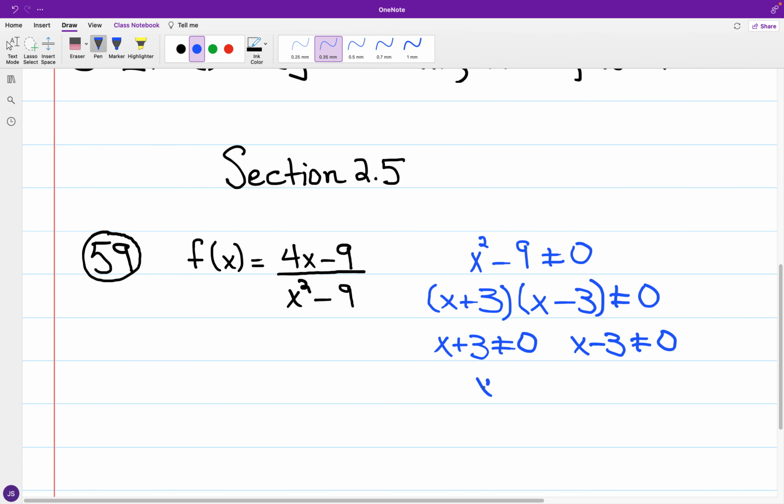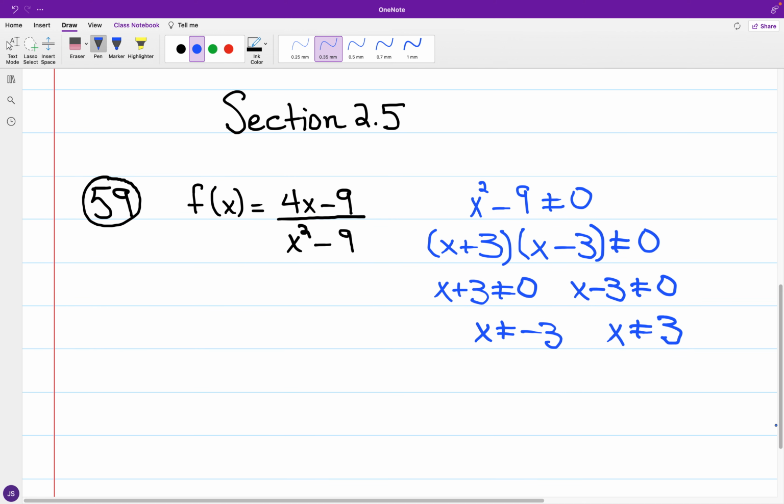So if x plus 3 cannot be 0, we have that x cannot be negative 3. And if x minus 3 cannot be 0, we have that x cannot be equal to 3. And so for the domain, with the two exclusions, negative 3 is the smaller exclusion, so at the lower end, you're going to have those values of x less than negative 3.